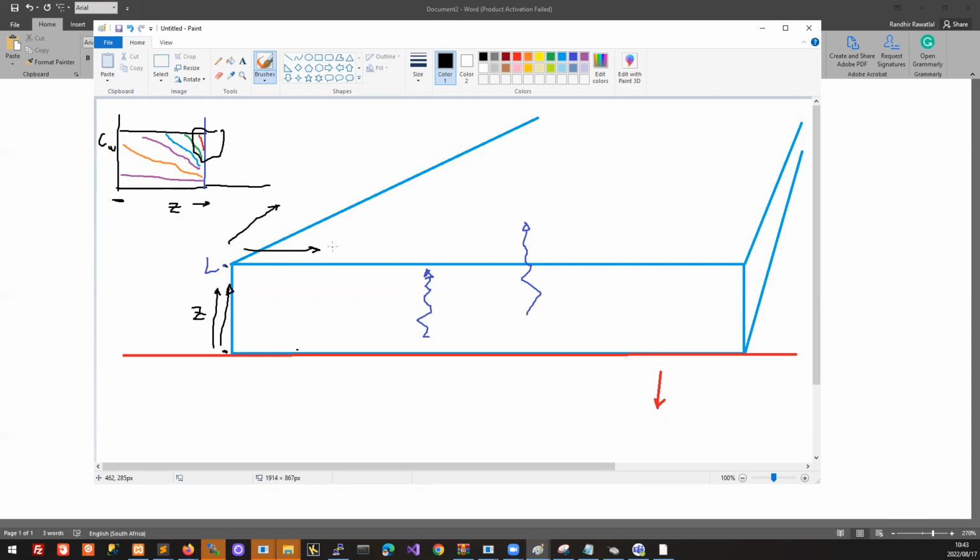So remember the right-hand rule. We should choose X in this direction, so we can look along the slab in this direction, or we could look into the page or into the screen. That's the Y direction, and then the Z direction is up like that. So that would fit the right-hand rule.